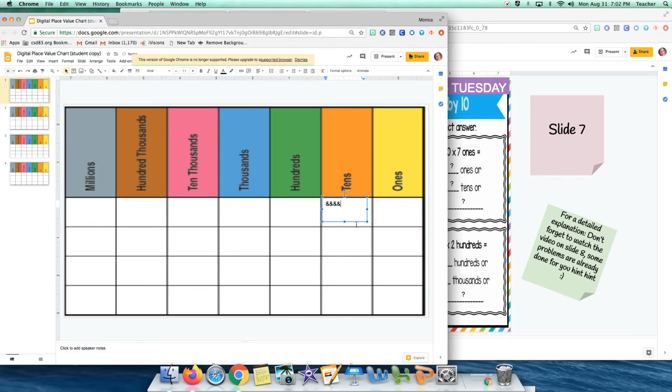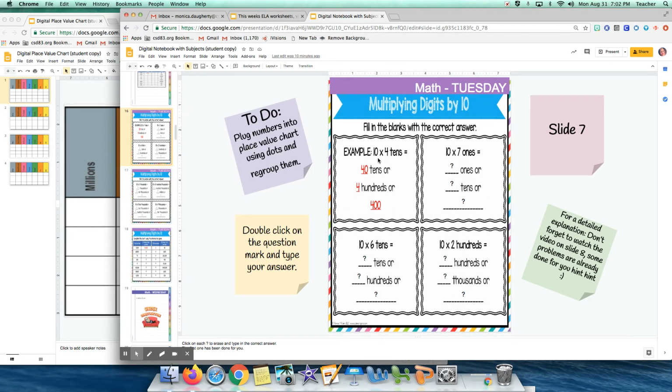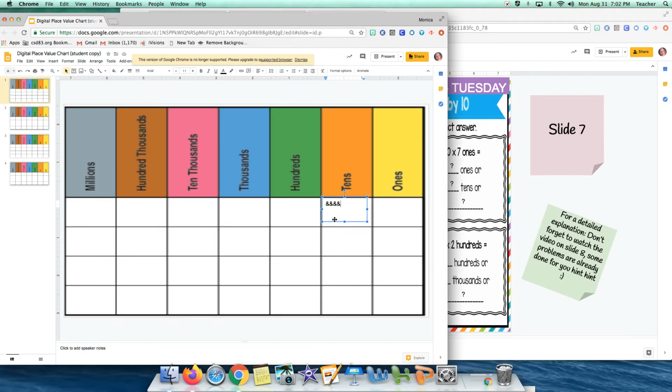Essentially what this is saying is I've got 10 groups of these 4 party goers, okay? So I'm going to make 10 groups of them. So there's one. 1, 2, 3, 4. Here's the second one. 1, 2, 3, 4. There's a third group. 1, 2, 3, 4.